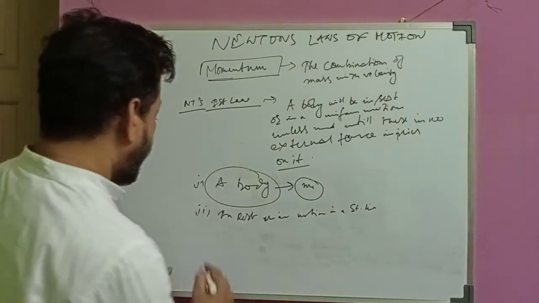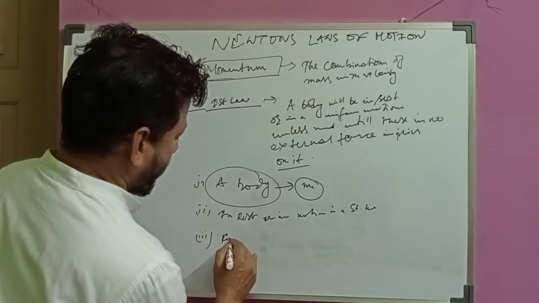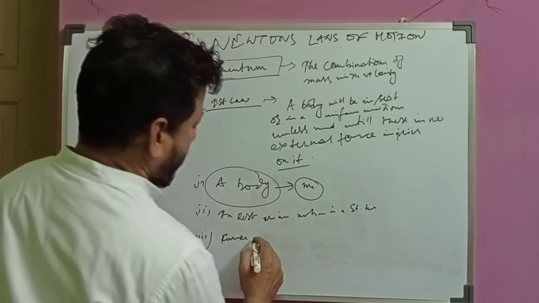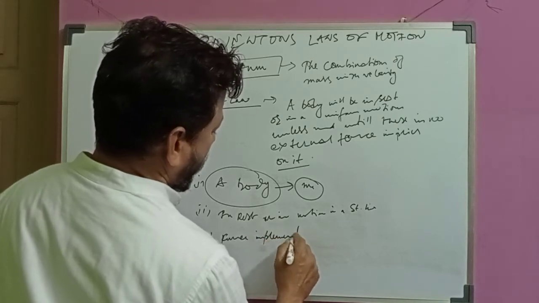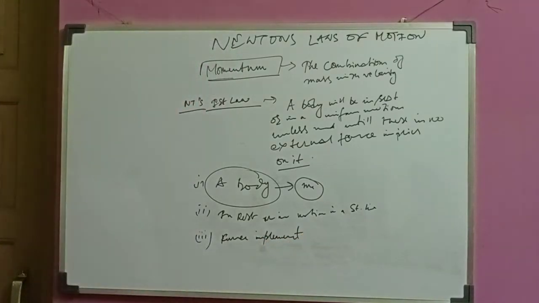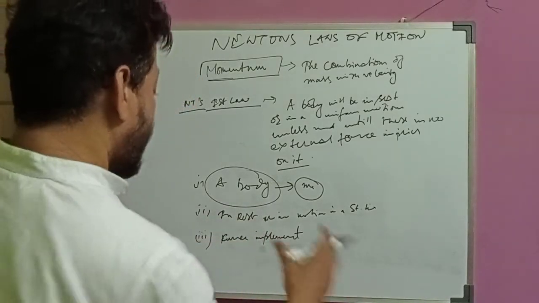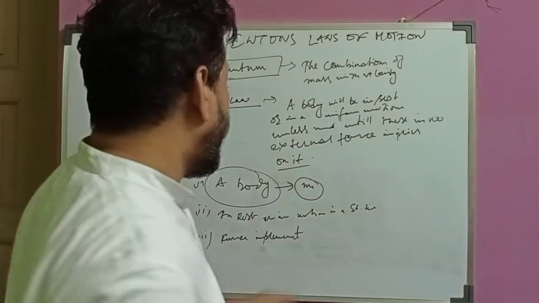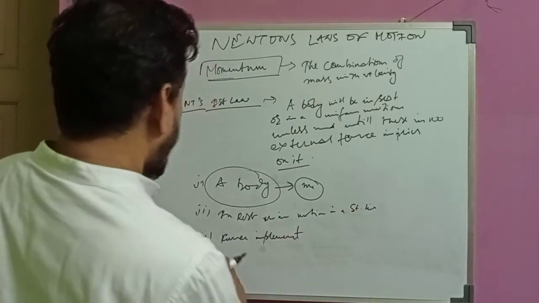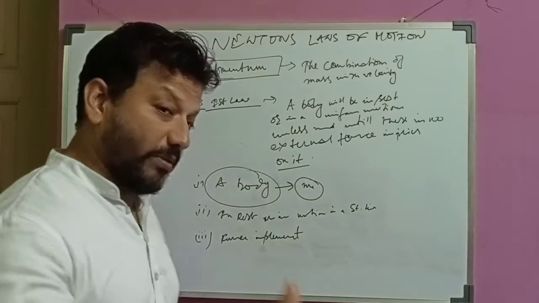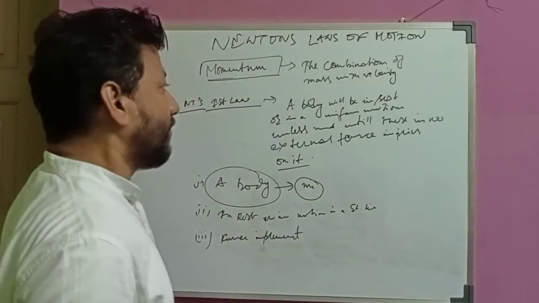Third, the force implied. The three things we got from this: a body, the concept of mass, rest or motion in a straight line, and the force implied.